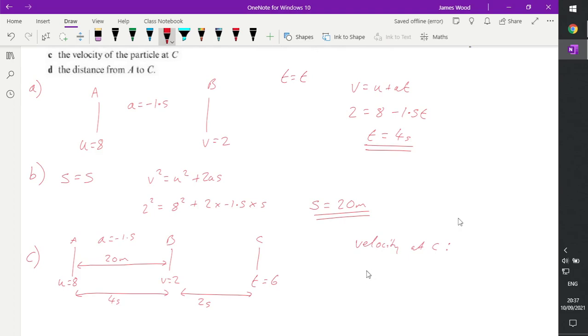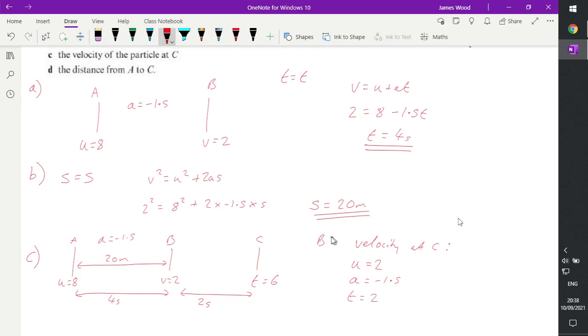Okay. Well, let's maybe consider just B to C. So from B to C, the initial speed, if we just look at B, is 2. The acceleration was still minus 1.5. The time it took to go from B to C was 2 seconds.